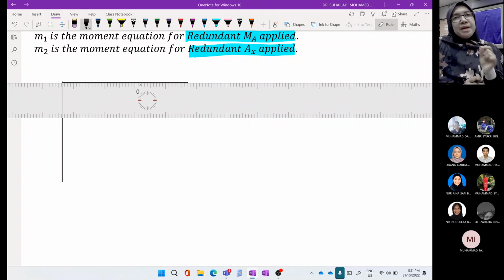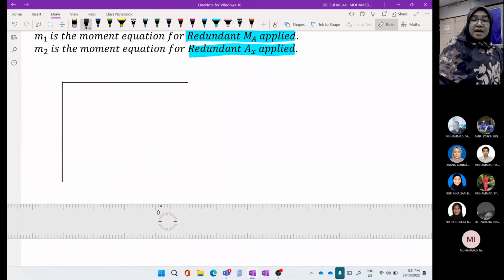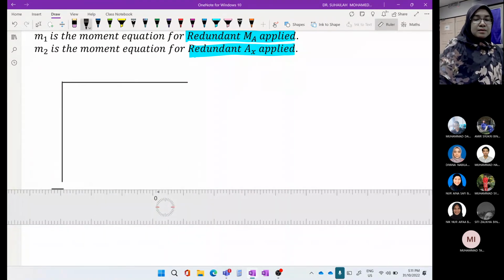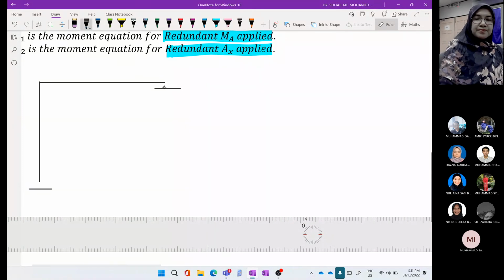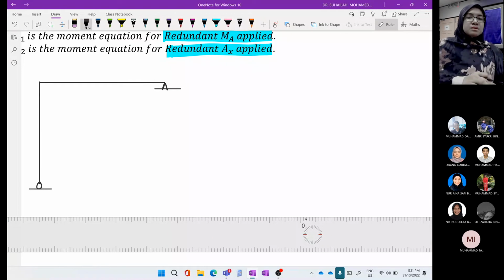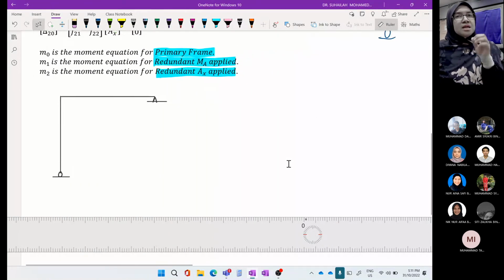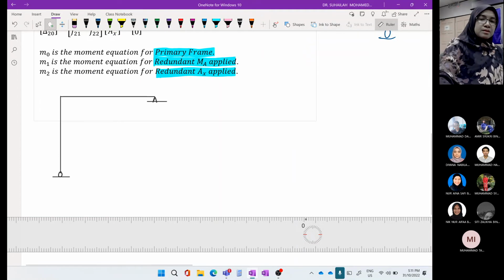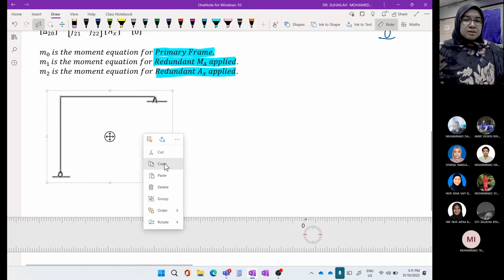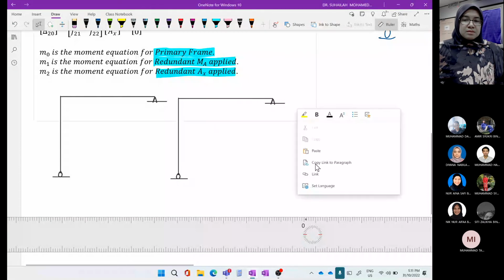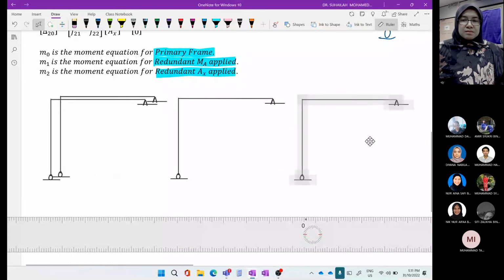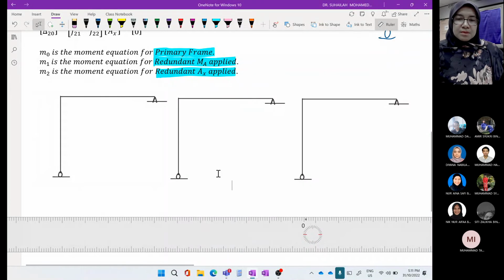Okay, roller at A, pin at C. So we have 3 frames like this, the same frame with the same support.